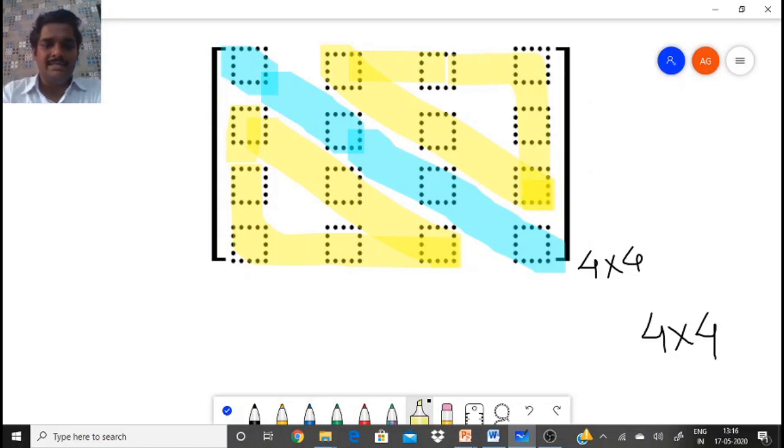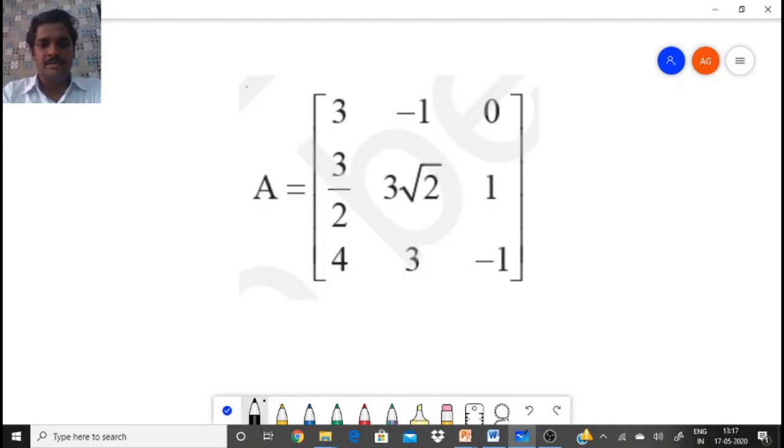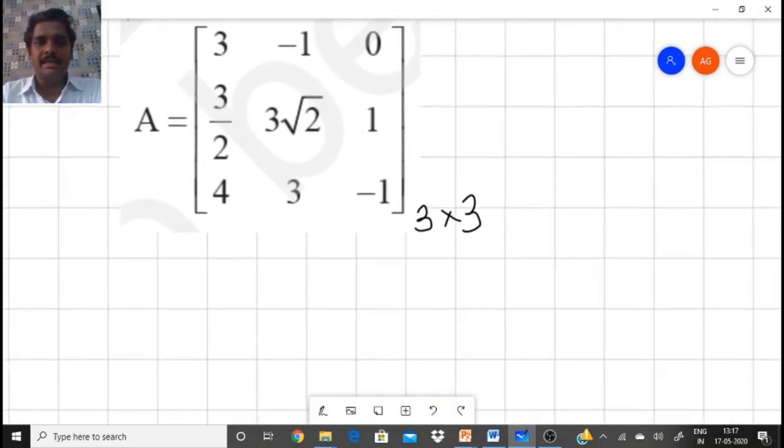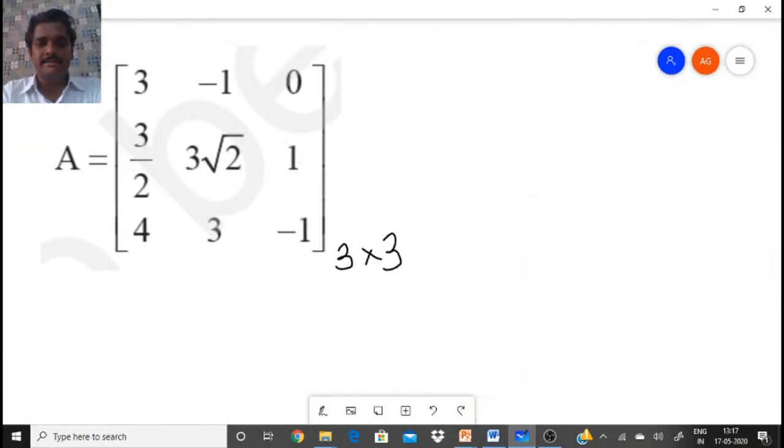Okay, let's understand by a particular example. I have taken one example over here. That's an example of a 3 by 3 square matrix. And now we are going to discuss its diagonal entries and non-diagonal entries.